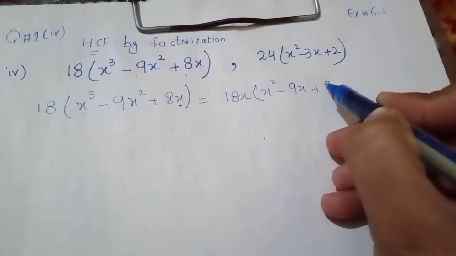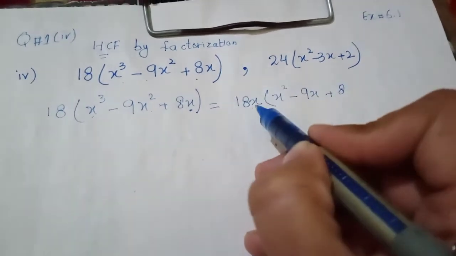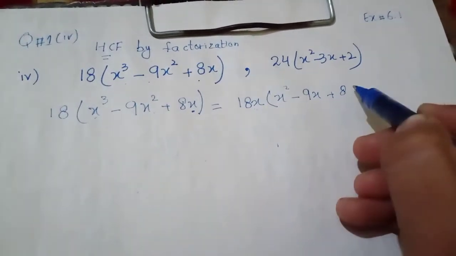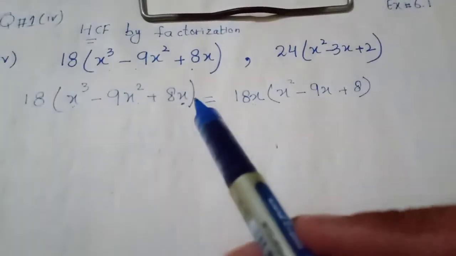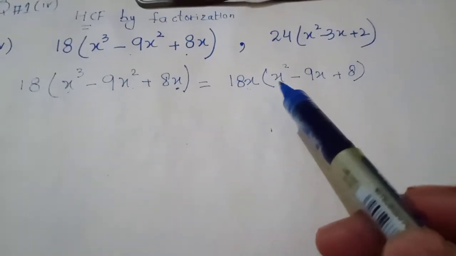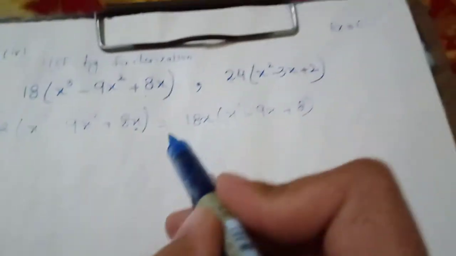We will write only 8 because x is common and we have written it outside. Is it clear? In my factorization, I have taken out x as a common.